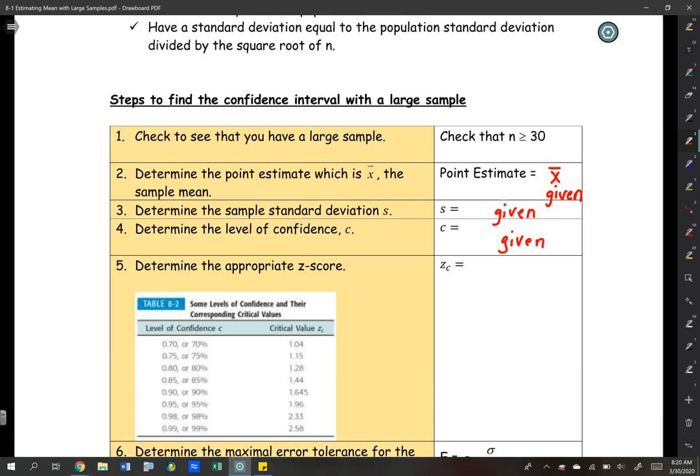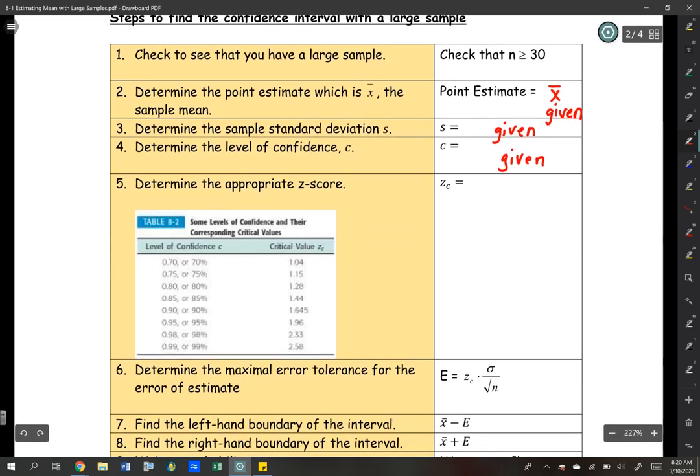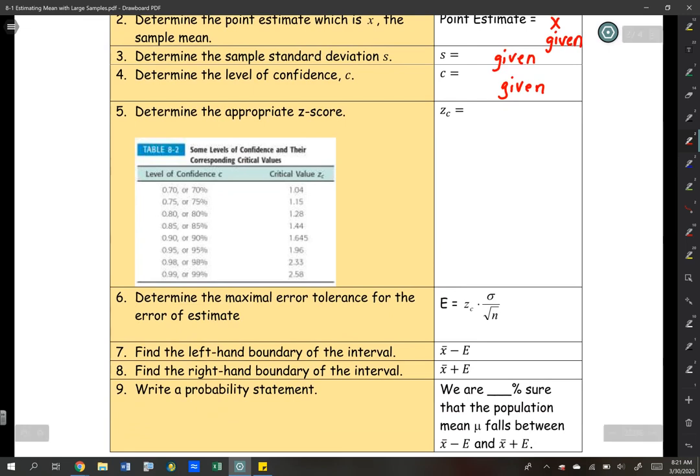And we're going to determine the appropriate z-score using this table 8-2. Determining the maximal error tolerance for the error of estimate, we'll be using this formula right here.